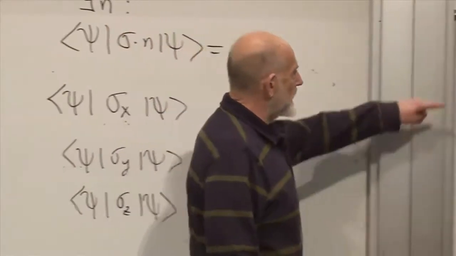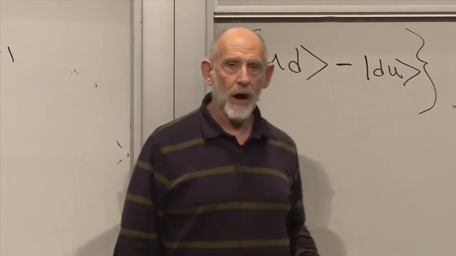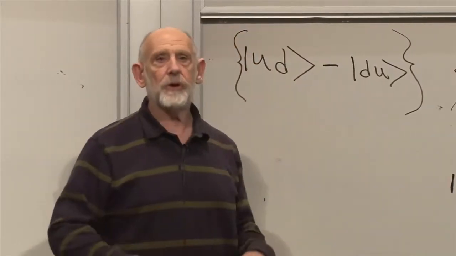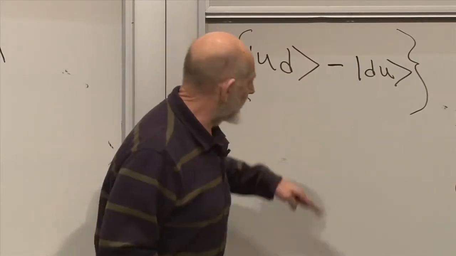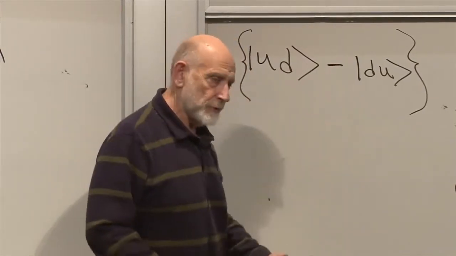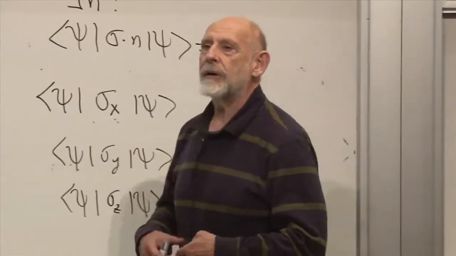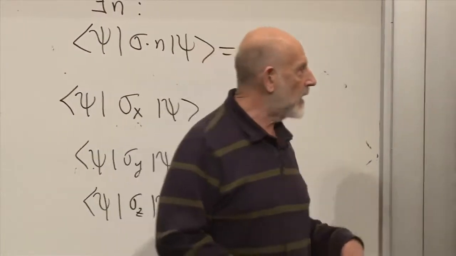Now, this is anti-aligned up-down, this is anti-aligned down-up, and in fact, this combination here has the lowest energy. It has less energy than up-down plus down-up. So if you bring these two spins together and you wait a while, they'll radiate a photon eventually and come to this state.